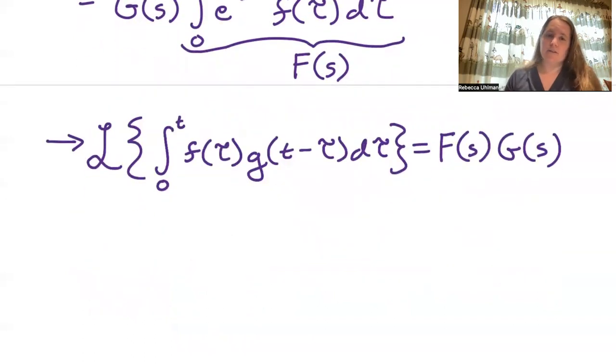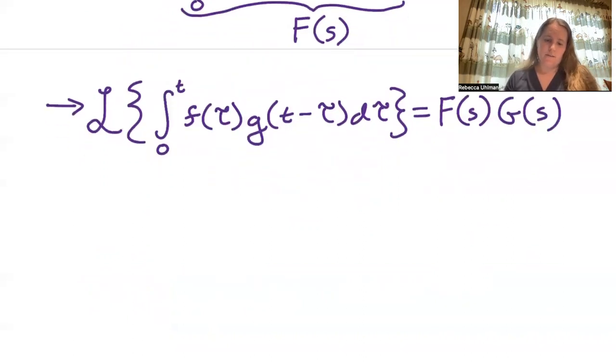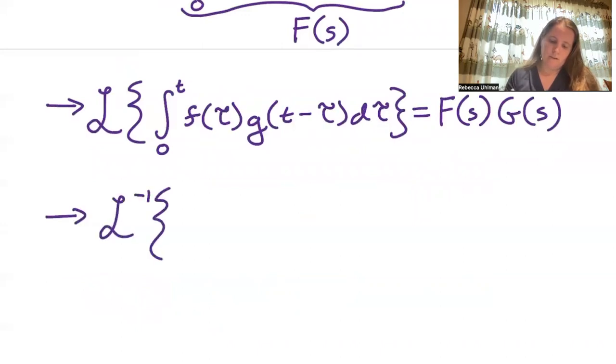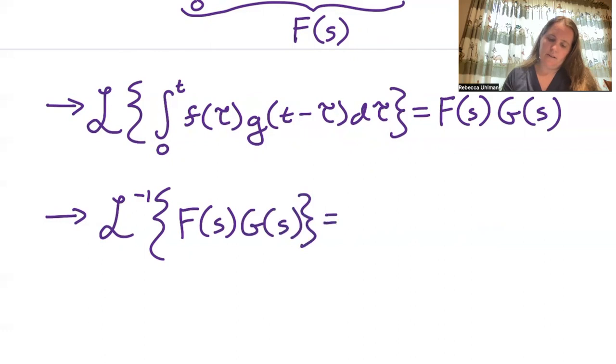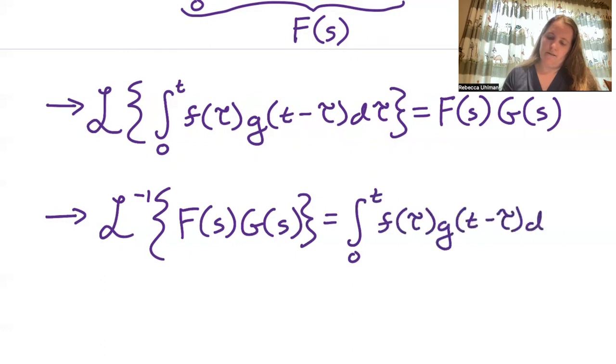So this particular integral comes in handy just because it is the inverse Laplace transform of a product. So again, similarly, the inverse Laplace transform of F of s times G of s is the definite integral from 0 to t of f of tau g of t minus tau d tau.